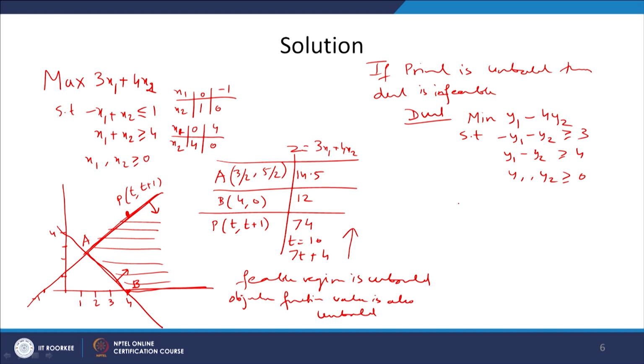Now, you can easily check that the solution of this problem is infeasible. You can verify it graphically or otherwise, and I leave this as an exercise for you to verify that this problem has an infeasible solution.